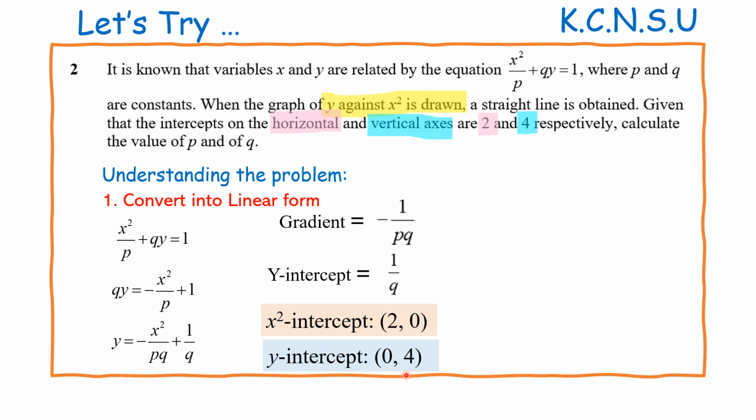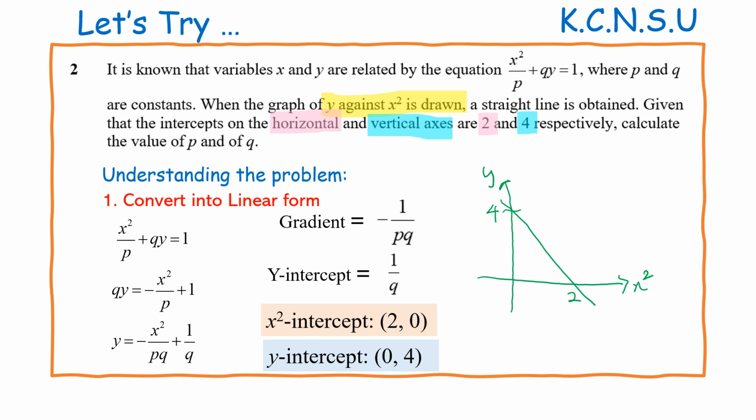Now with this, there's one thing that we are able to work out, because once we have these intercepts, I am able to work out the gradient. I'm going to draw a simple sketch. I know that the y-intercept is 4, so this one is 4, and then this is 2. This is my horizontal intercept, with the horizontal axis being x squared and the vertical axis being y.